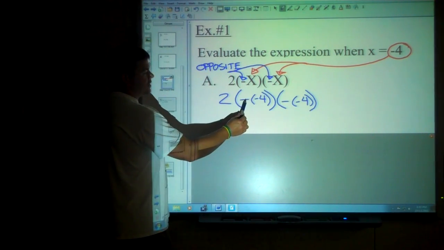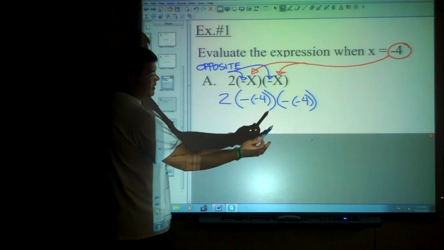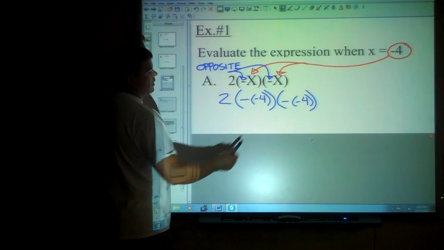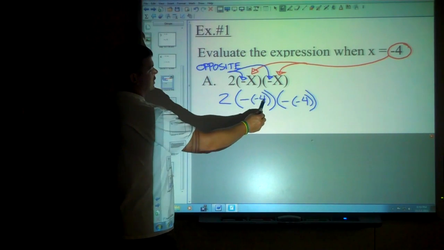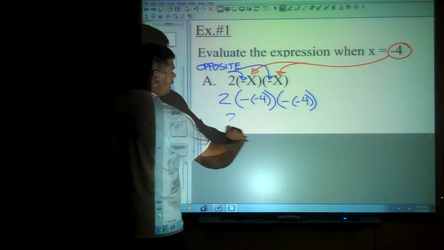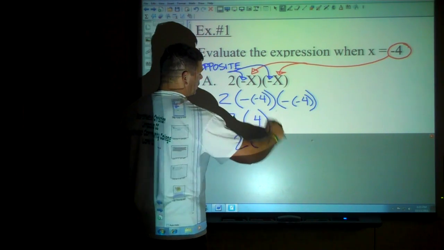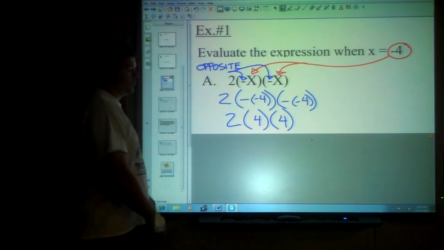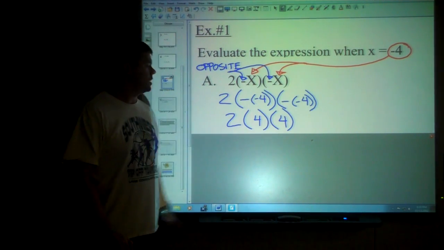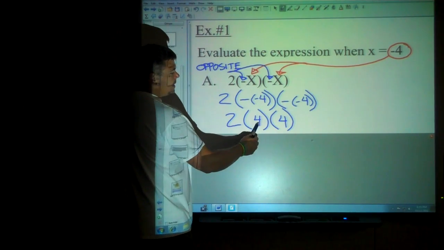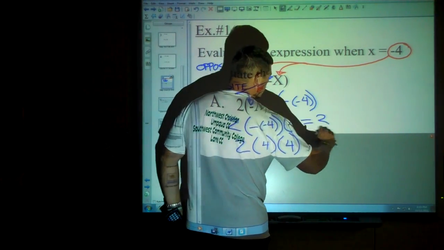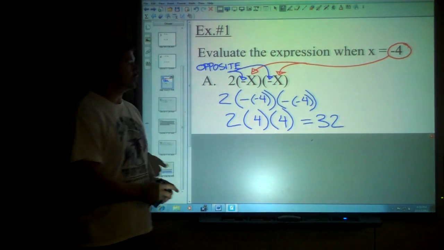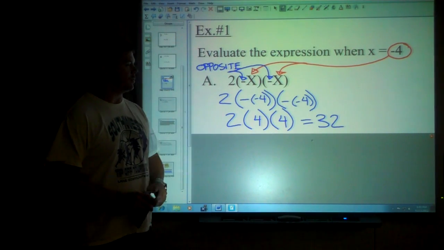But because I'm thinking of this as the word opposite rather than negative, I'm going to say this is the opposite of -4, which will produce a positive. So now I have 2 times 4 times 4. The whole problem is positive in this case. 2 times 4 is 8, and 8 times 4 makes 32. So when I evaluate it for this, I come up with 32.